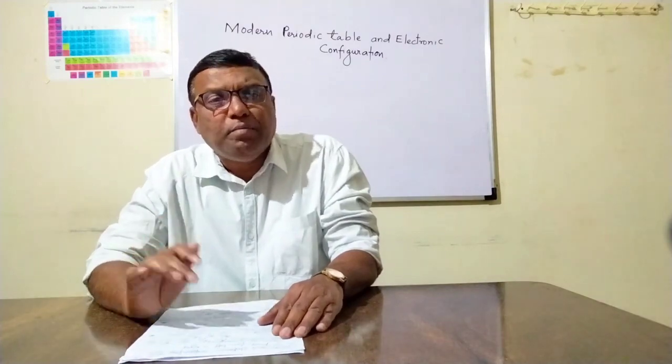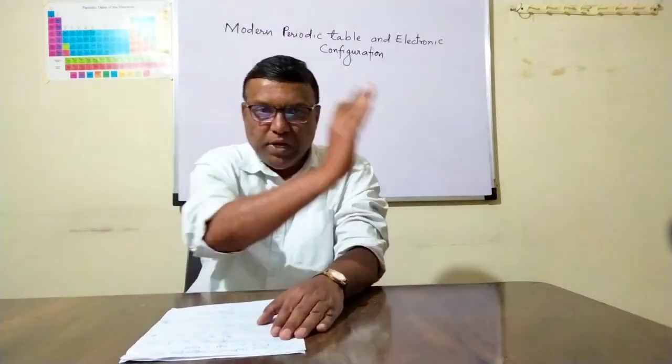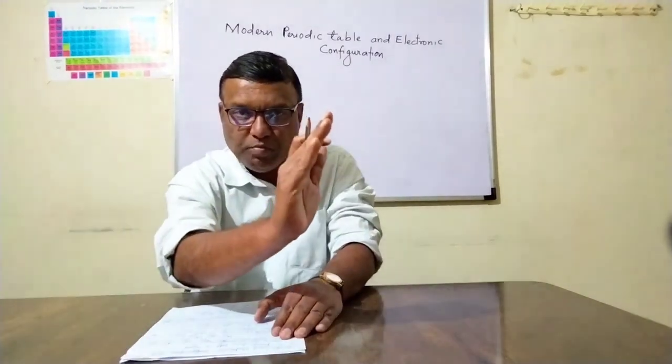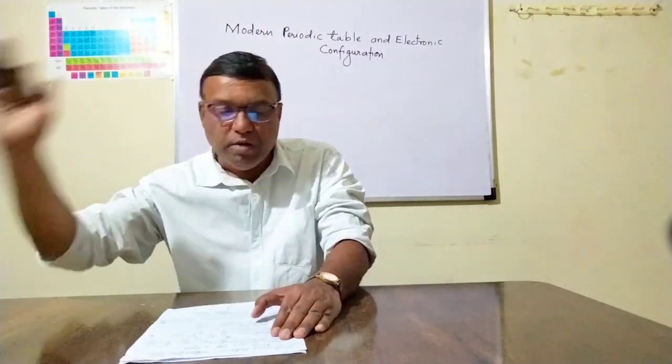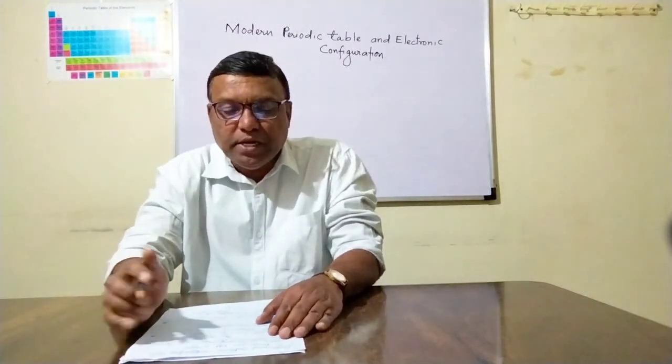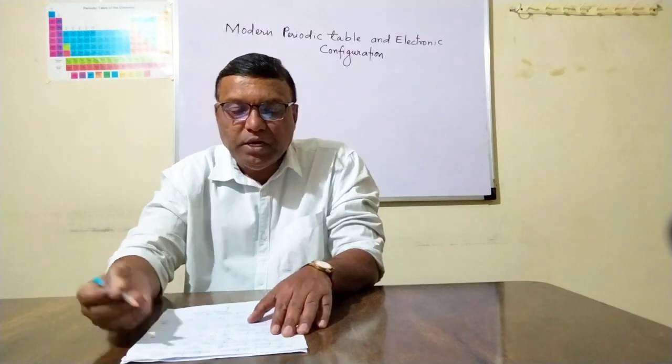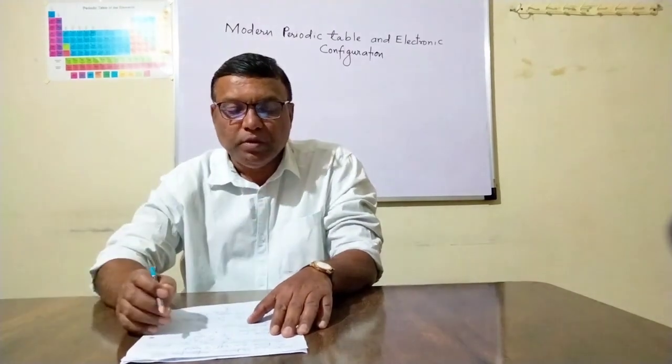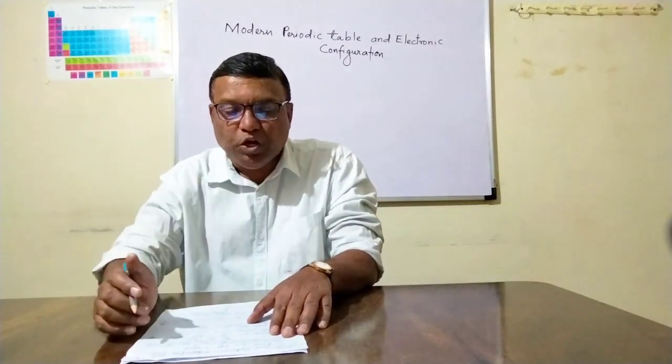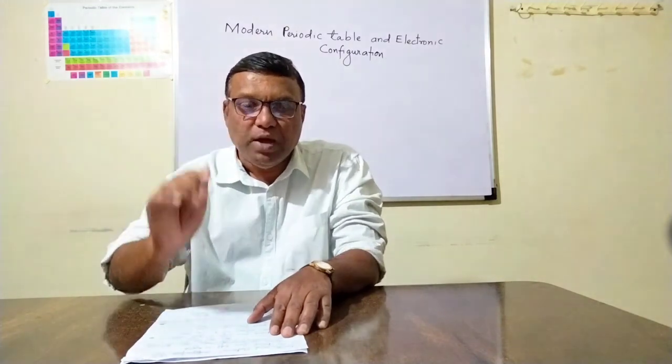Point number 1. In the period, from left to right of the modern periodic table, the first thing is that the atomic number increases by 1.